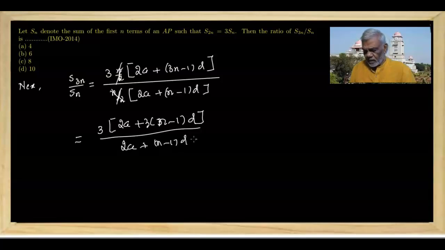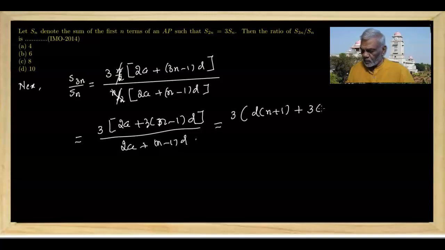By what we have got from equation 1, I am going to substitute here, instead of 2a, d into n plus 1, the value which we got earlier in equation 1.